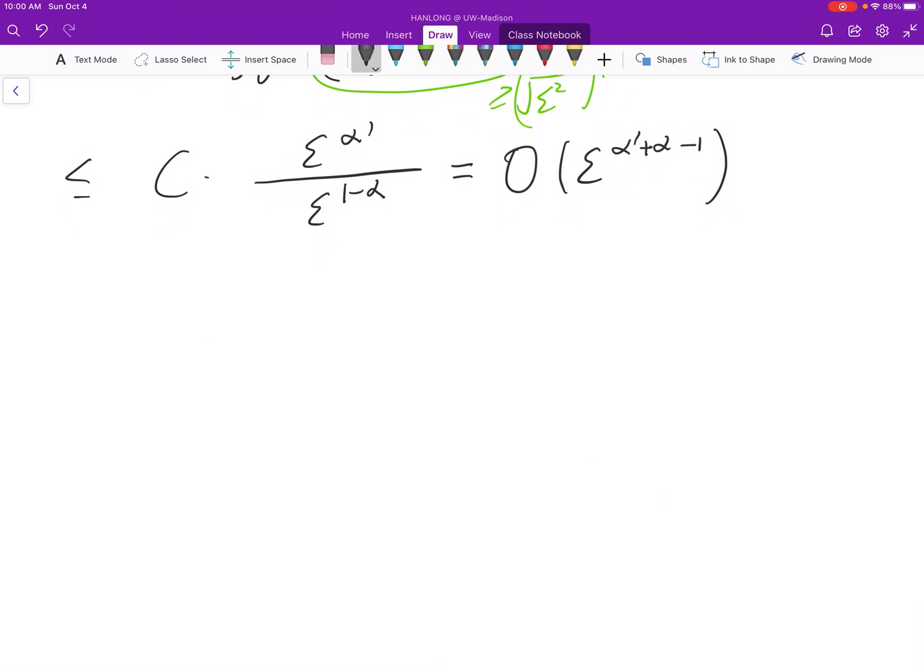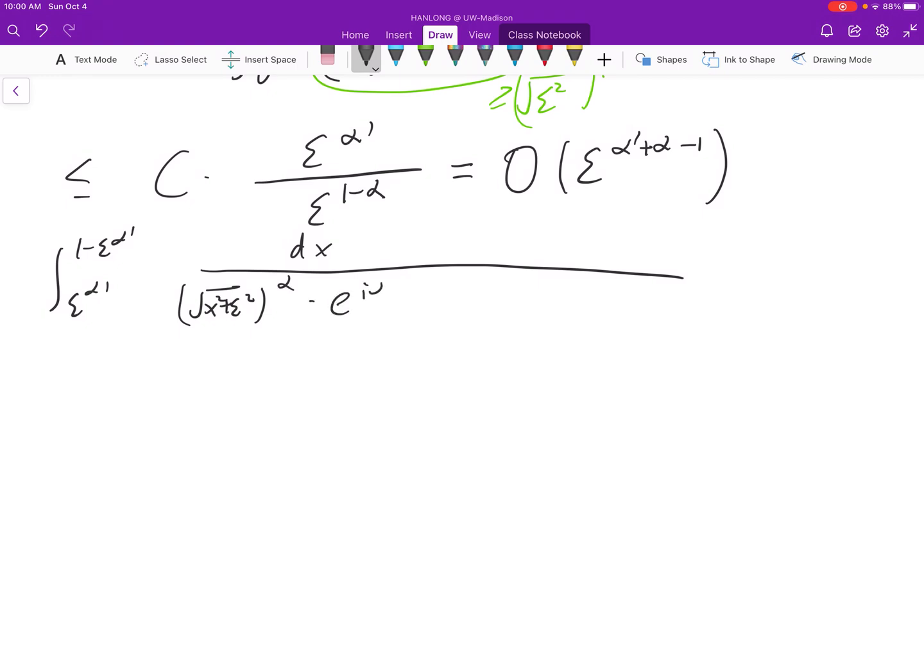Okay, now for the second one, basically we'll do the same thing. Arctangent epsilon over x, square root of (1 minus x) squared plus epsilon squared to the 1 minus alpha, exponential I (alpha minus 1) times negative, positive arctangent epsilon over 1 minus x.